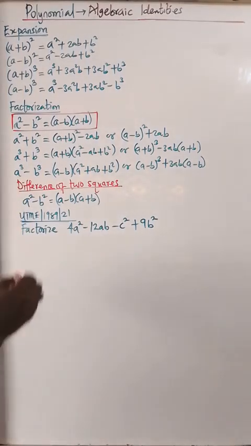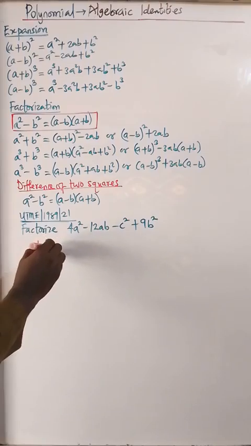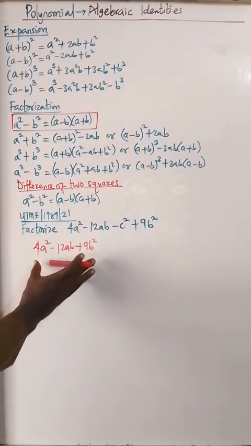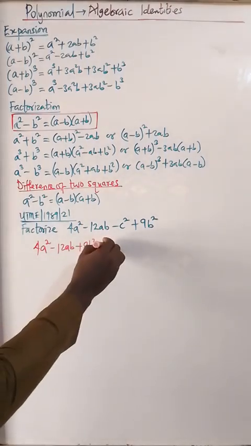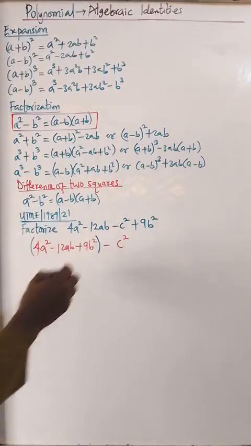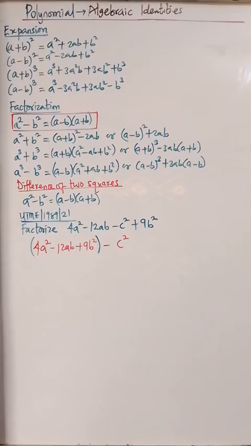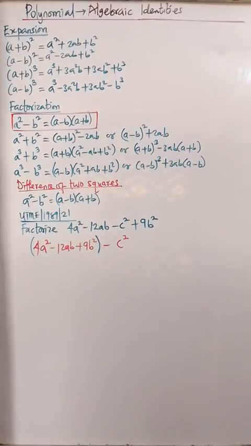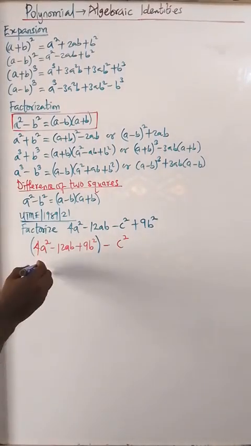Let's rearrange first. This can be written as 4a squared minus 12ab plus 9b squared, then minus c squared. If you observe very well, everything we have here can be expressed as a perfect square. Here, 4a squared can be expressed as 2a all squared.